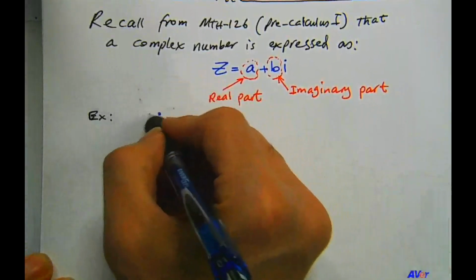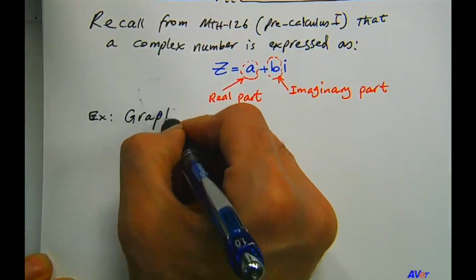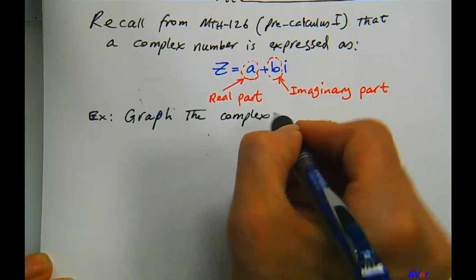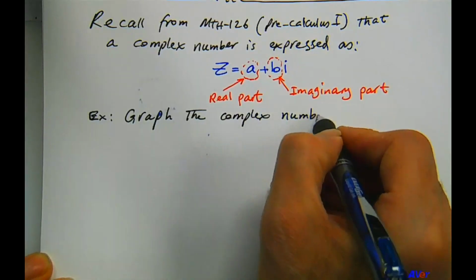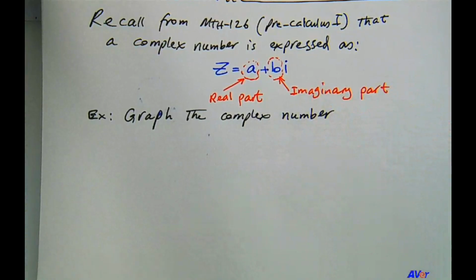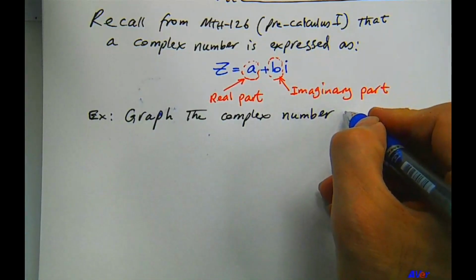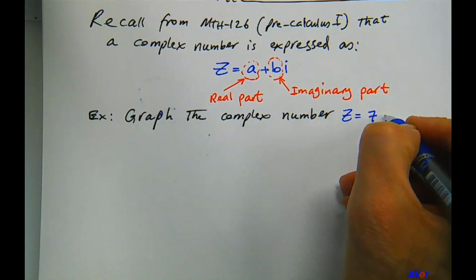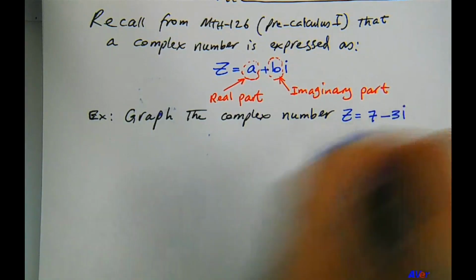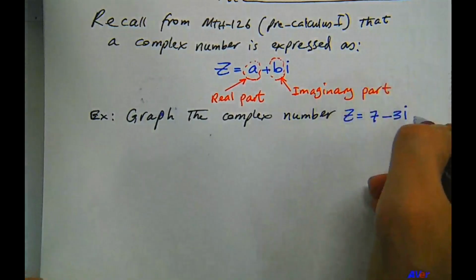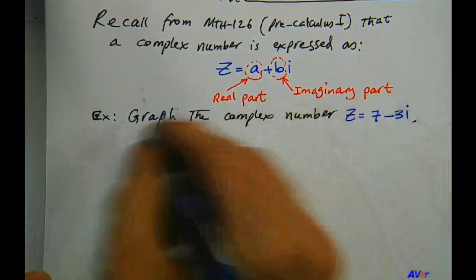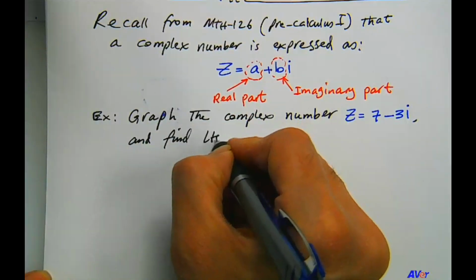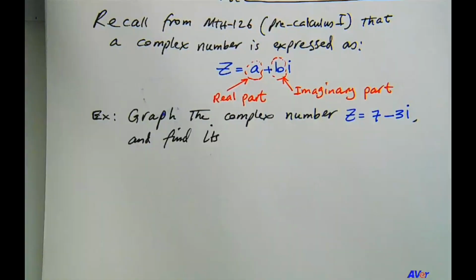Okay, so let us just do a quick example on this. Suppose we want to graph this complex number, z equals 7 minus 3i, and find its modulus.